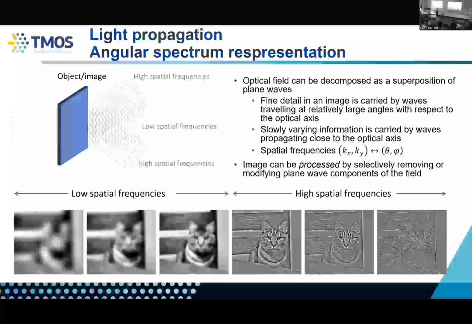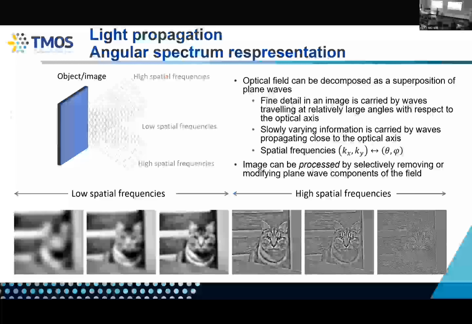So that kind of fine detail corresponds to high spatial frequencies. And there is a one-to-one correspondence between the direction these plane waves are travelling in and the transverse components of the spatial frequency of each of these plane wave components.